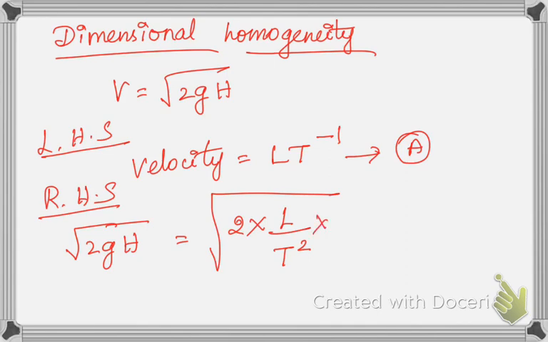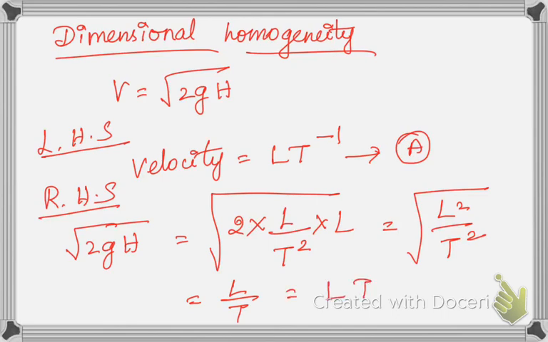We are not much worrying about the 2 and all those things; we'll worry about the dimensions alone. So it is L squared by T square. If I take the root, it becomes L by T, which is L T power minus 1.